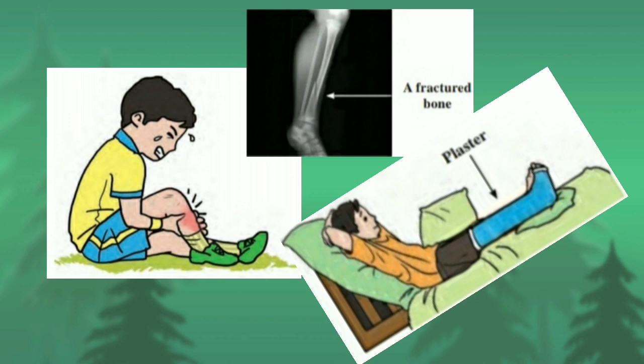Have you ever encountered a situation in which you or any person you know had met with an accident and fractured their bone? How was that situation taken care of? Normally, in such situations, the right thing to do is prevent any movement of the fractured part, immobilize it and get immediate medical help.